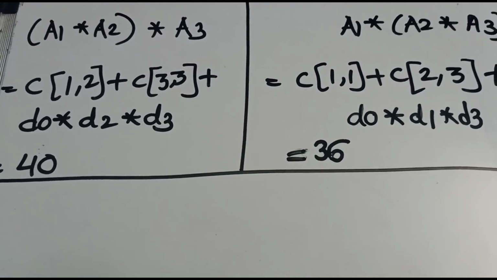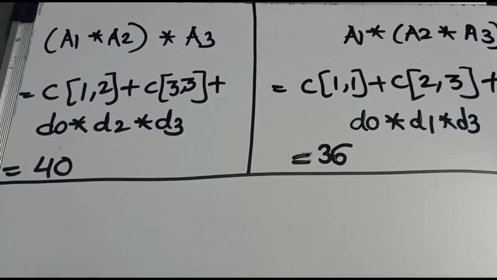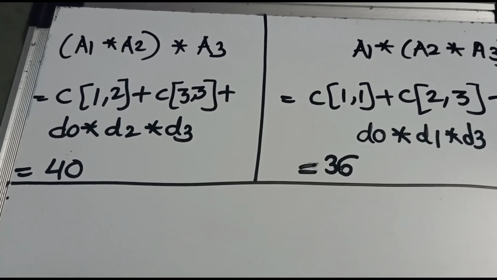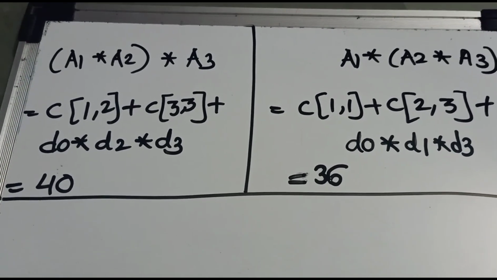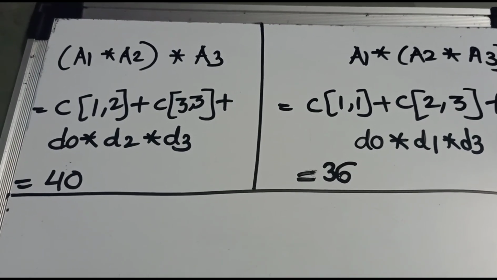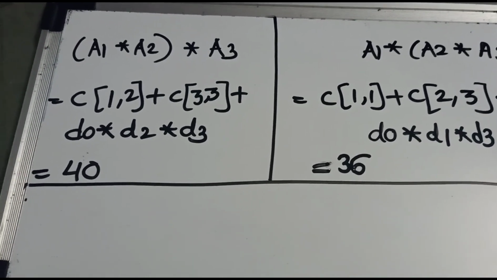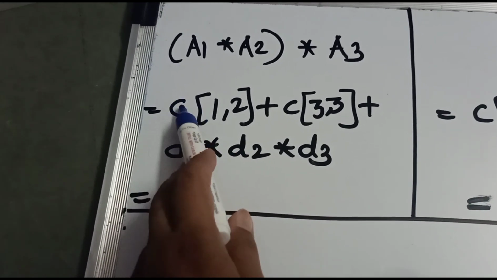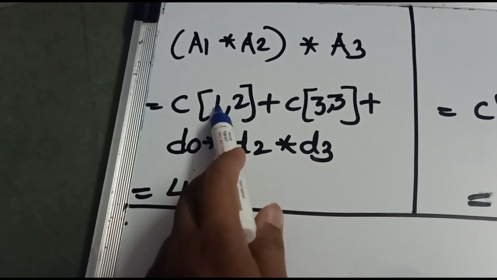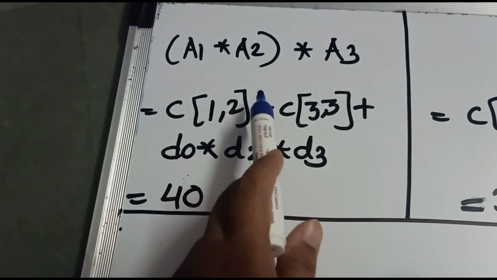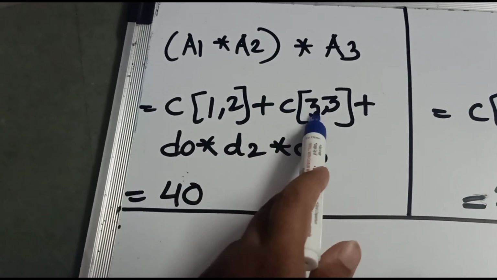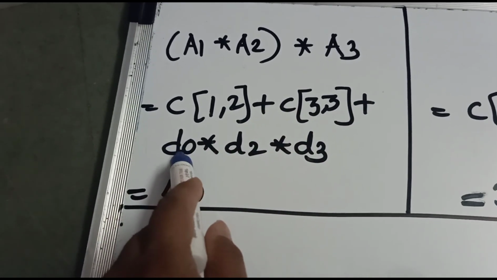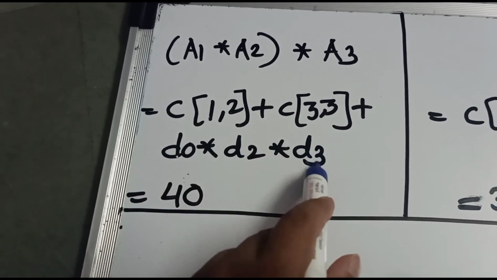So we are going to choose this value. Now we are going to devise a formula with the help of these two examples, the three matrices multiplication example. The formula is: cost of multiplying the first matrix with the second matrix, plus the cost of multiplying the third matrix with the third matrix, plus the dimensions d0, d2, d3.